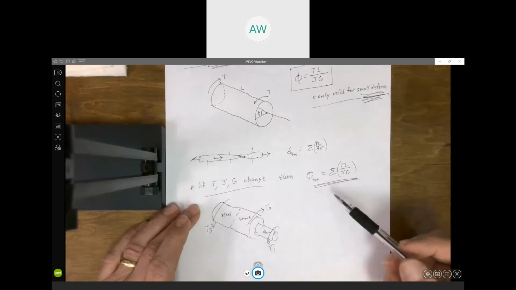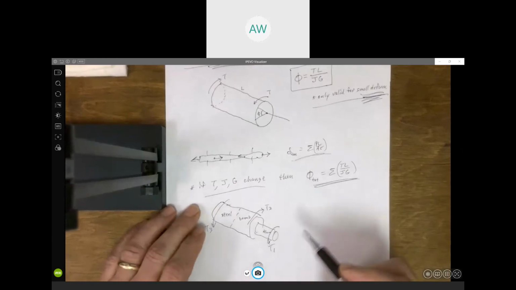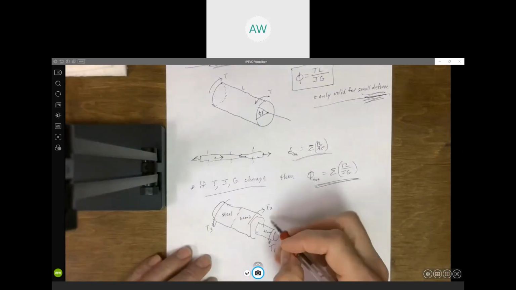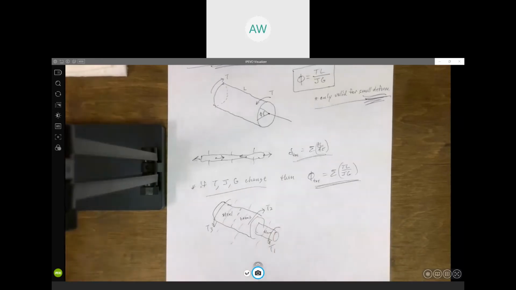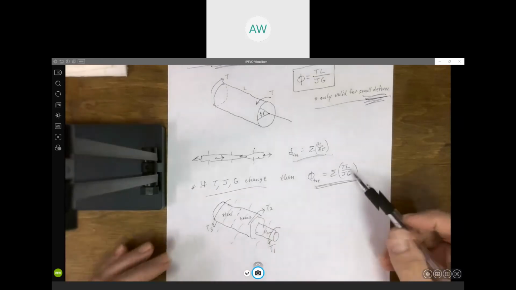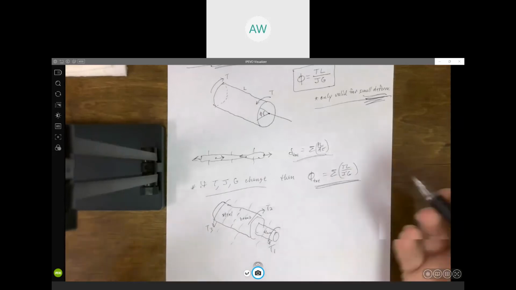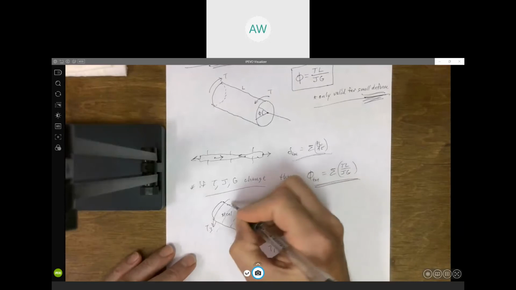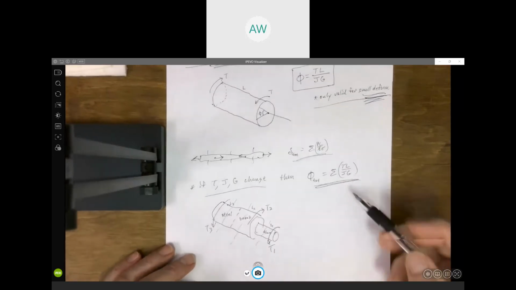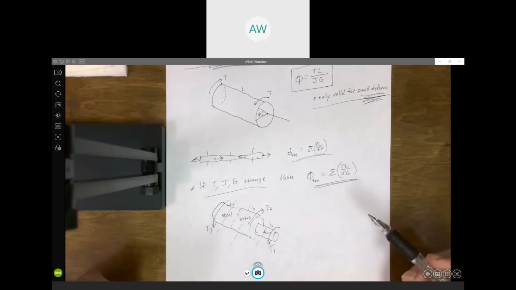You're going to have to do the same thing we did with the axial deformation. You're going to have to come in here and cut it, kind of like we did in that first problem, because the torque's going to be different in each of those sections. The length, maybe this is L1, this is L2, this is L3. J, obviously the cross-section changes, so your polar moment of inertia is going to change.